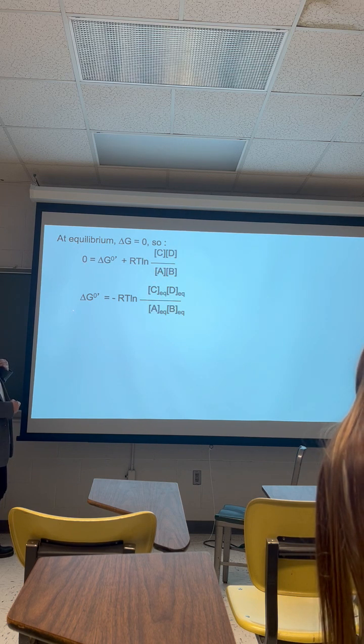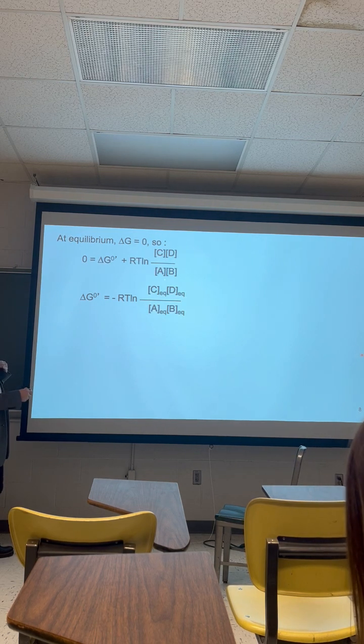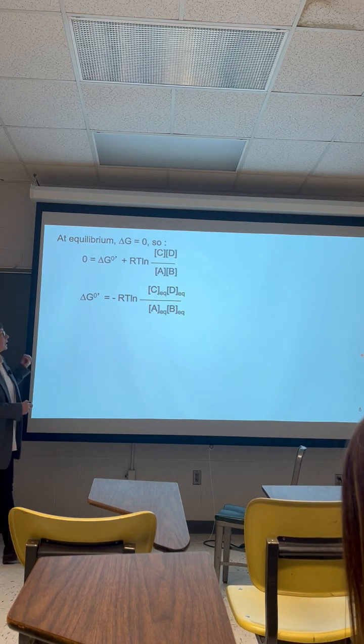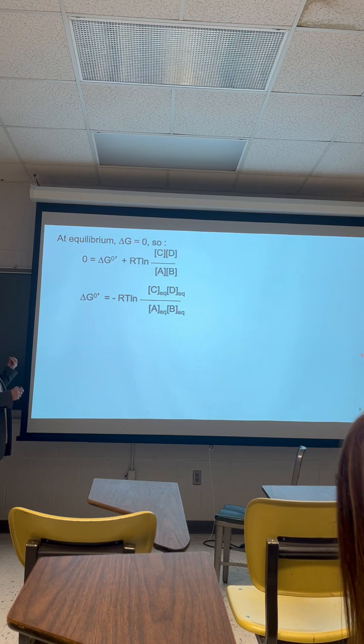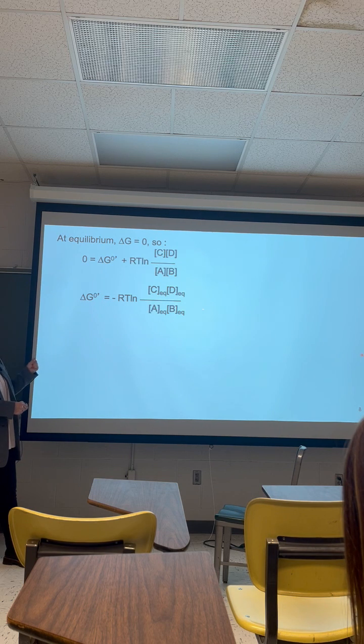If it is 0, then delta G0 prime equals negative RT natural logarithm of those concentration ratios. Because we are talking about equilibrium, when delta G is equal to 0, I will put a subscript on those concentrations to indicate that they are equilibrium concentrations.